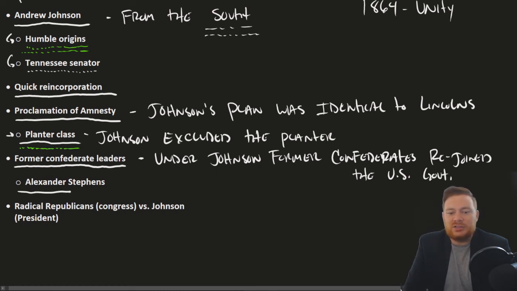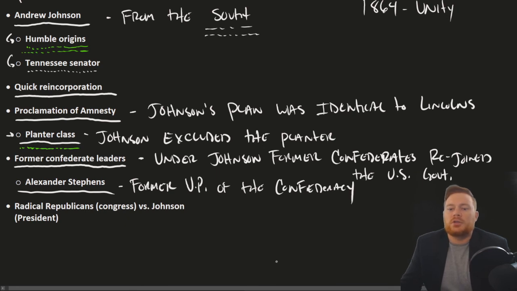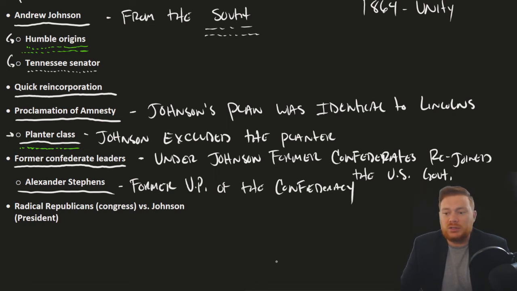Among them was Alexander Stephens, who had been the former vice president of the Confederacy. He was the second highest ranking person, you could say, in the Confederate government. He was now running for and won, I believe, a seat in the House of Representatives from Georgia.